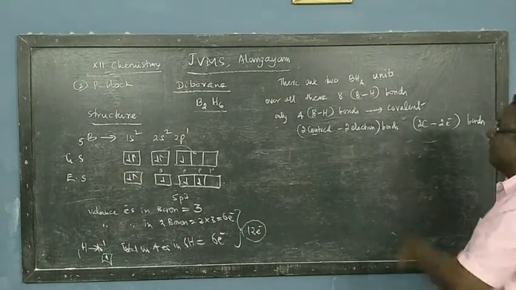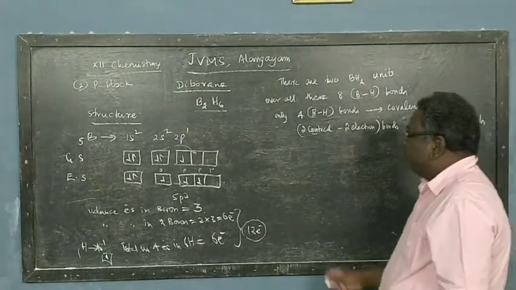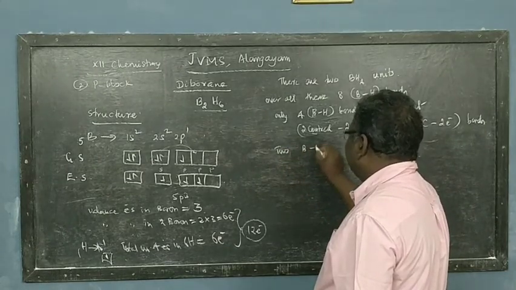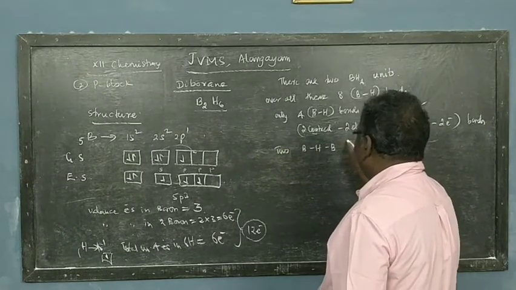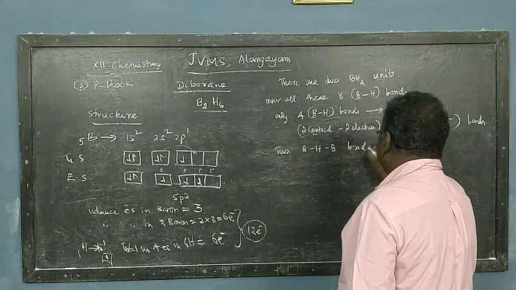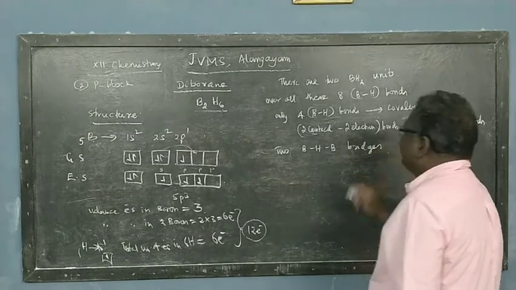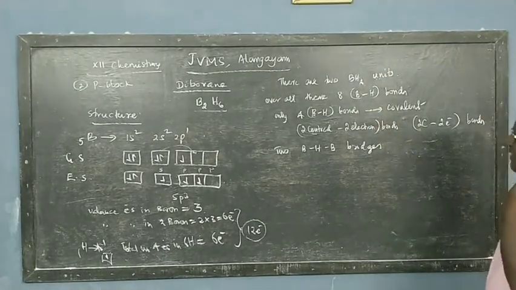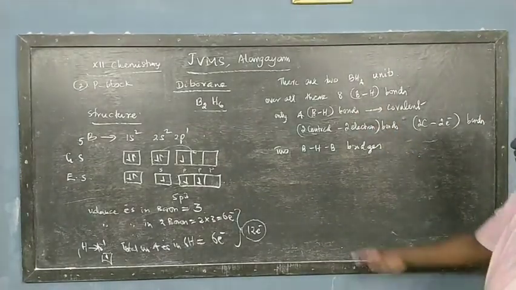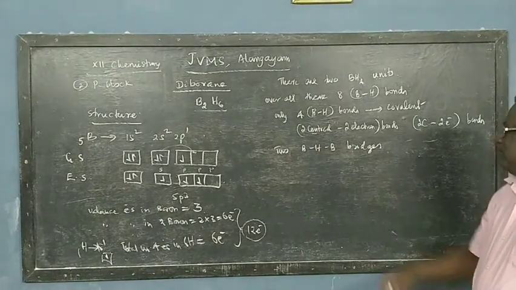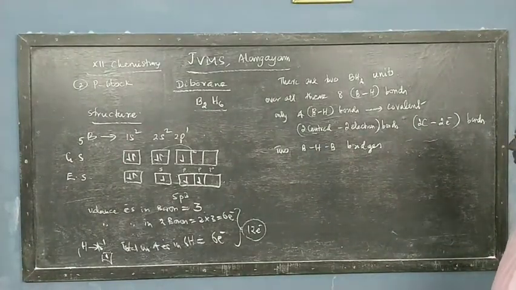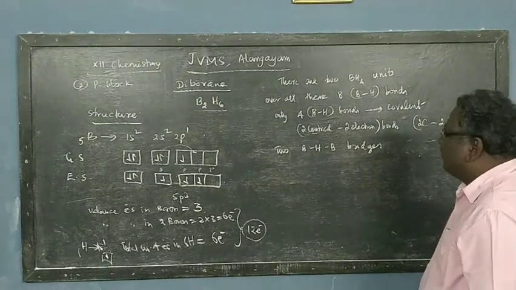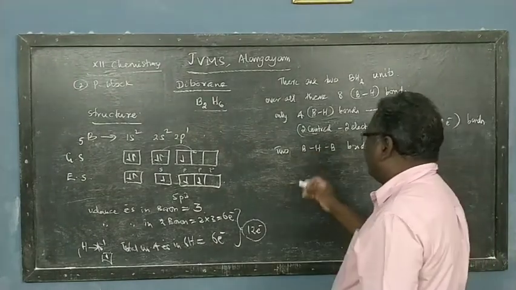Apart from this, there are 2 BHB bridges connecting the 2 BH2 units. In these BHB units, what are the orbitals which are overlapping?